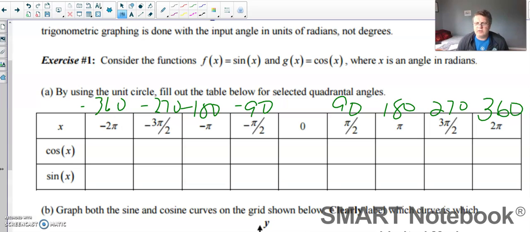Now, the good thing with these values every 90 degrees is you can put those right in your calculator and it'll either give you 0 or 1 for cosine and sine, not for tangent. For cosine and sine, it'll give you 0 or 1. So you can do that, if you can't remember the unit circle.